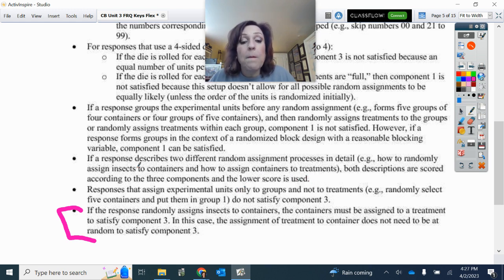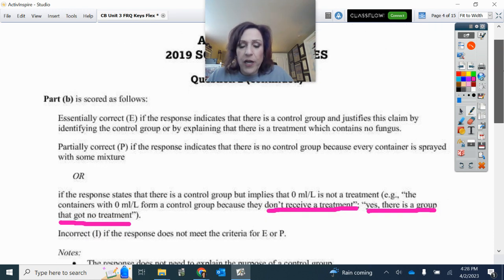So if you did both of those assignments properly, you could get full credit for component 3. If you properly described the random assignment of the insects to a container, but you were not very clear on your random assignment of the treatment to the containers, then you would get lower because one of them was not so good, and so you would be marked down. All right, so lots of stuff on that. Man, that was a tough one to grade.